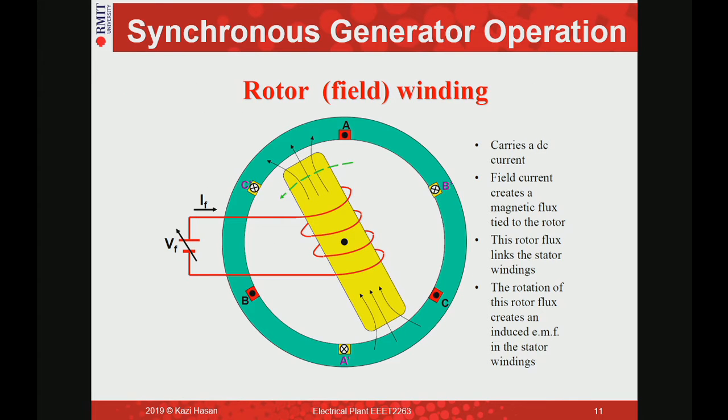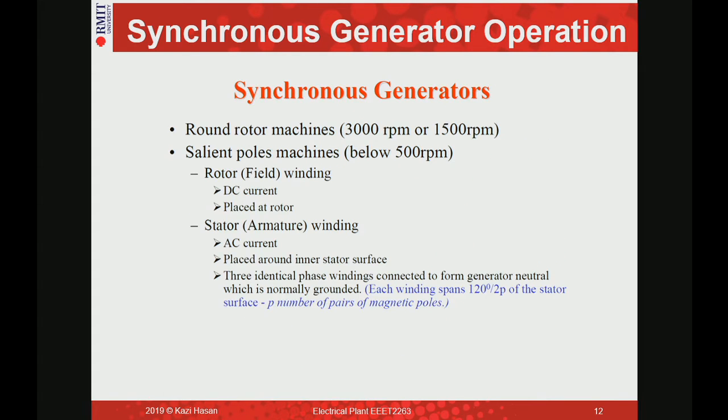Easy. So this is the rotor field we have shown before. For your revision, DC voltage is supplied to the rotor that creates a magnetic field, and the rotor flux rotates and creates the induced voltage in the stator. Then for synchronous generators, there are two types, round rotor machines and salient pole machines.